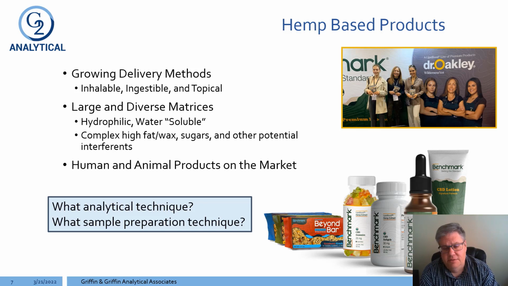And we've also seen quite a number of products introduced for both the human and animal product market. And so potentially that affects the approach that you take with the analysis, based on whether it's on a human or an animal.